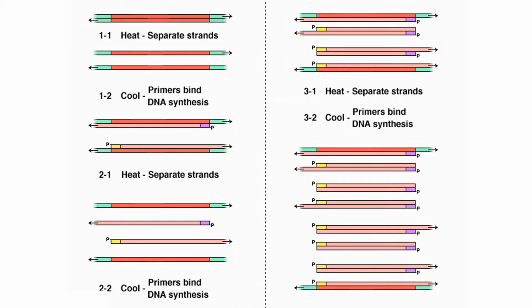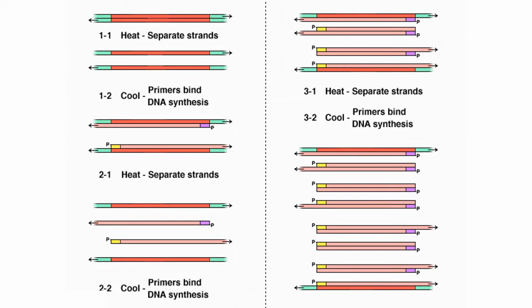So at the end of one cycle and the beginning of the next, we will now have 4 templates that undergo the same cycling process. We heat it, strands separate. As we cool, the primers anneal and replication occurs. And this is repeated again 20 to 30 times depending upon the length of that DNA.